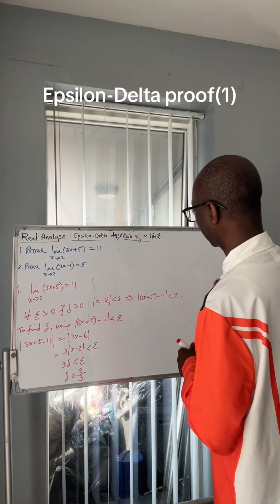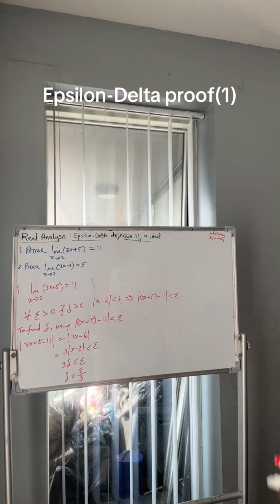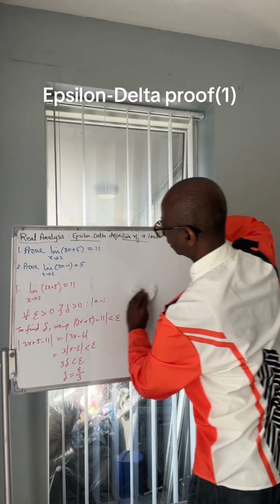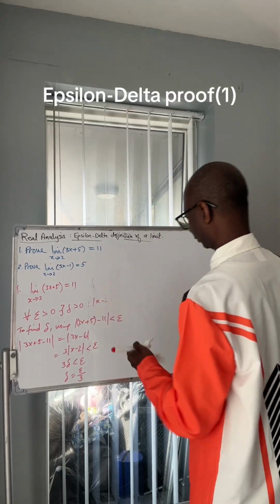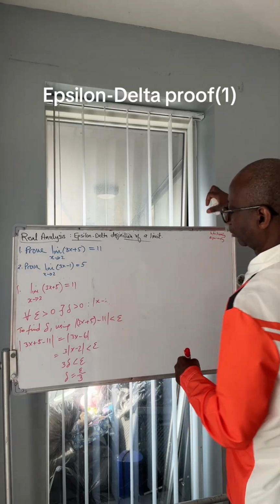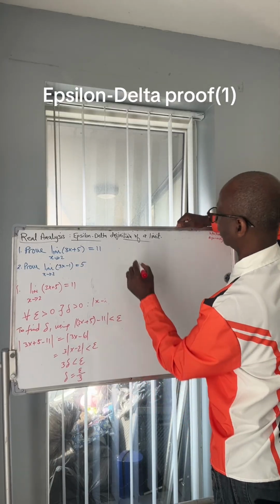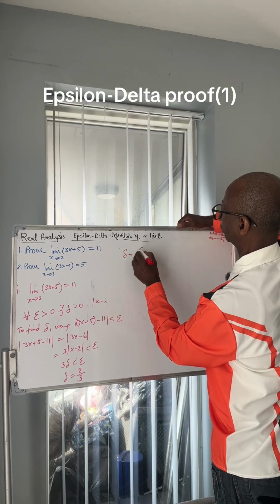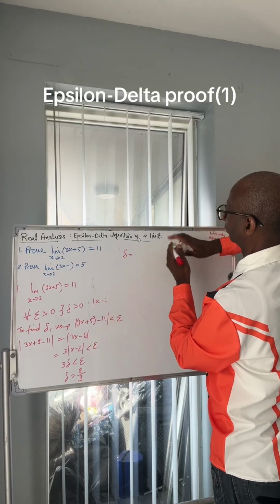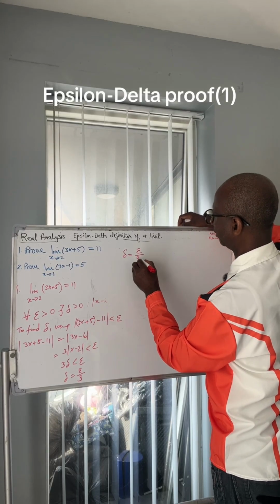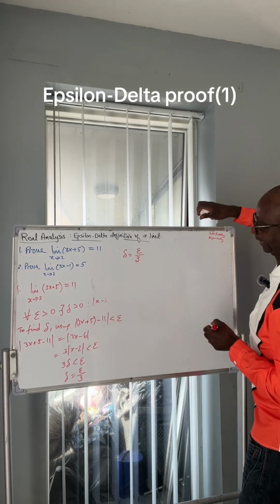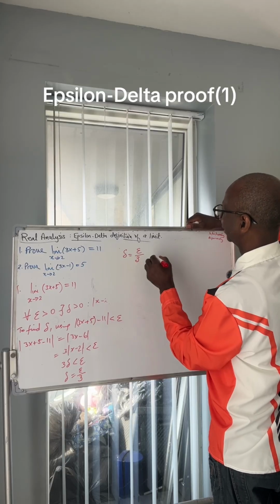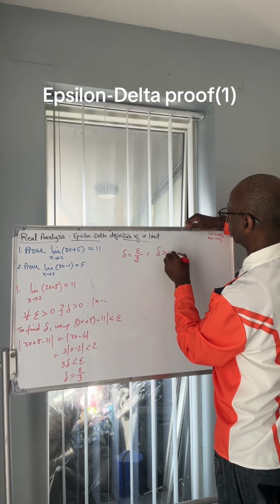We now know that delta equals epsilon divided by 3. This is given. We let this one, and we know delta is greater than 0.